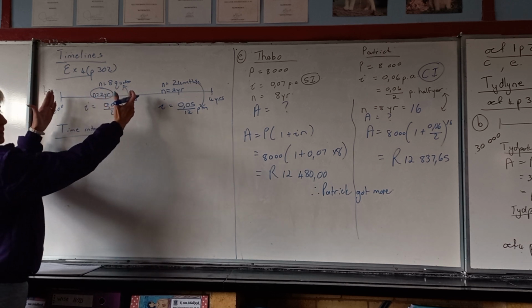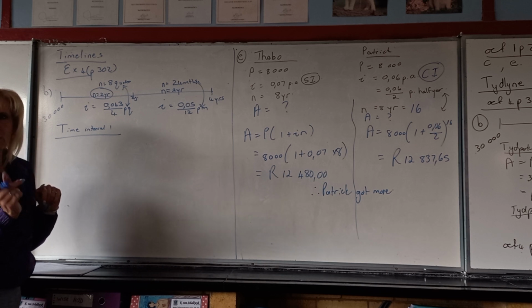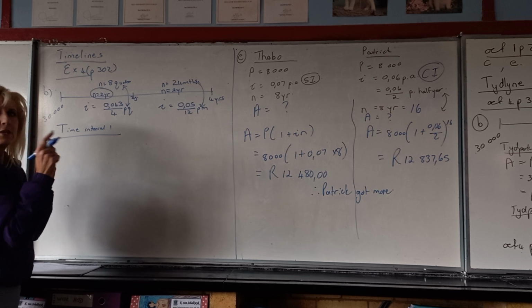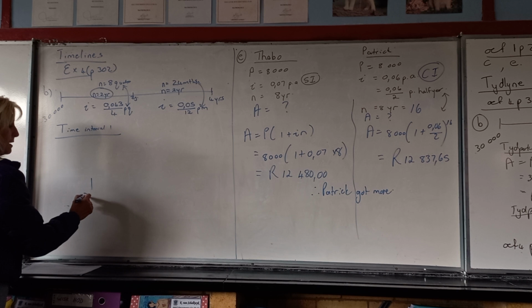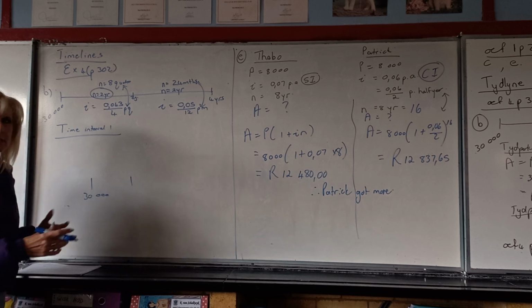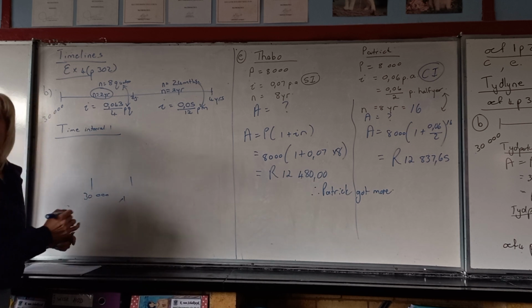It's there. So now, what I'm trying to teach you here as well for your homework sum is if anything changes, you've got a new interval. So if I had the 30,000 Rand going in, and I said, well, okay, wait, after 1 year I need some money for new shoes, 10,000 Rand.